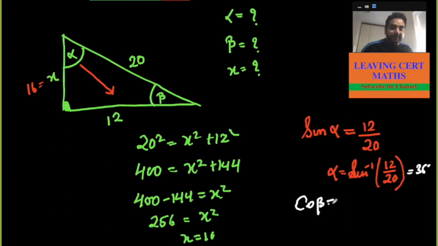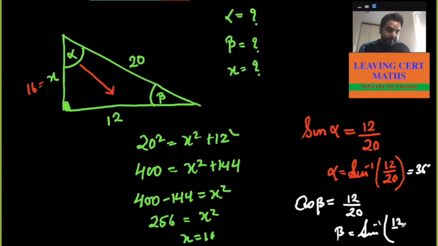Cos beta is equal to how much? Adjacent over hypotenuse. So 12 over 20. So beta equals sine inverse 12 over 20. How much is that? Let me just check. 36 as well?